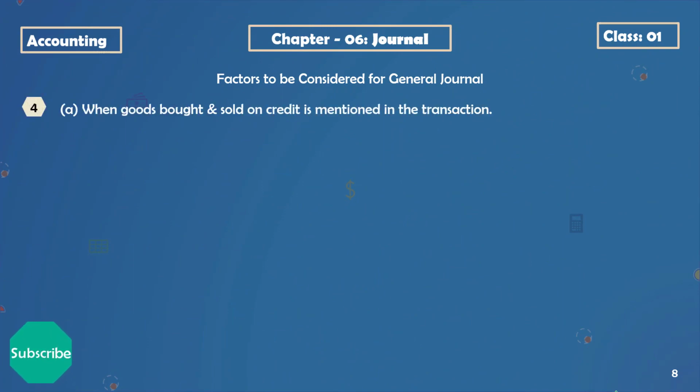Number 4a, when goods bought and sold on credit is mentioned in the transaction. If it is mentioned that goods are bought and sold on credit, then you have to follow the following rules. For credit purchase, you have to credit creditors.